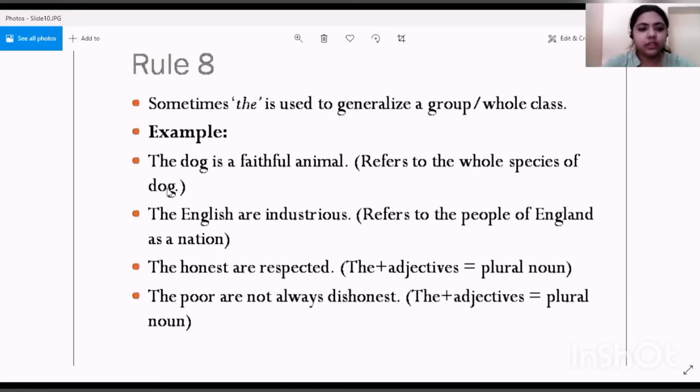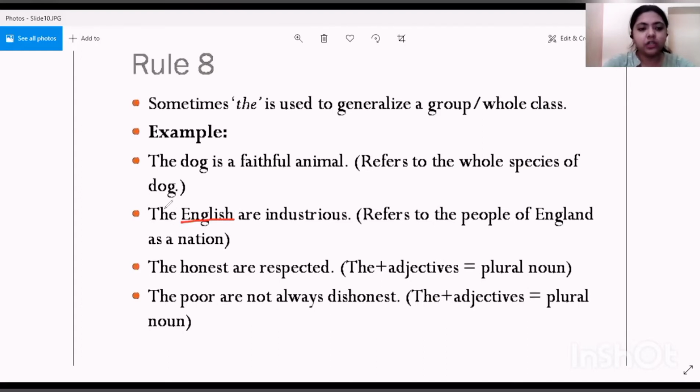Okay, so in this first example, we saw how a particular thing generalizes a group. It generalizes a group when we add a definite article before it. All right. Next, let us see the example. The English are industrious. Okay, now here English means the people of England, right?